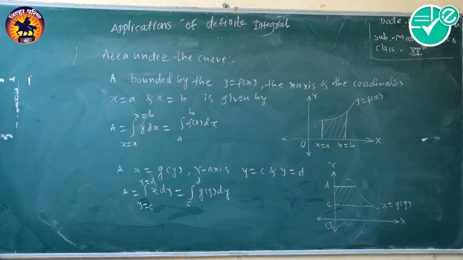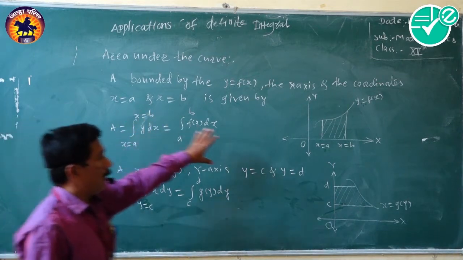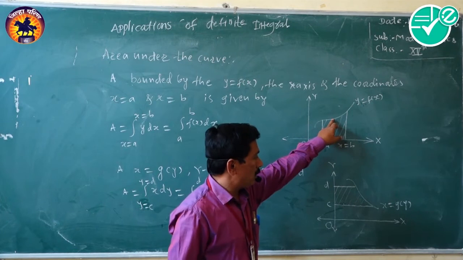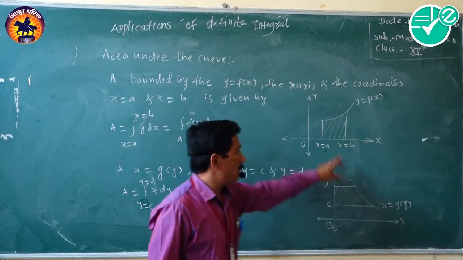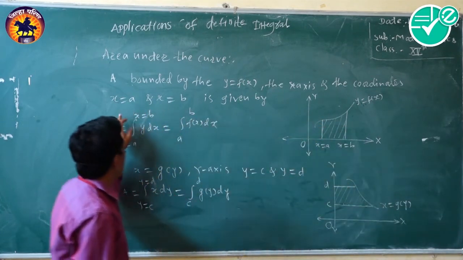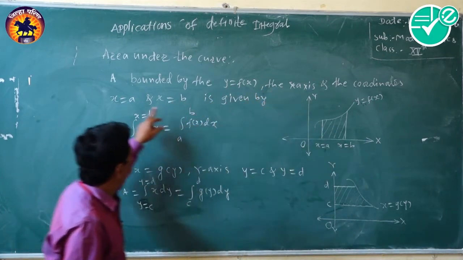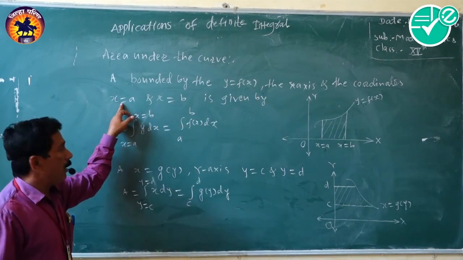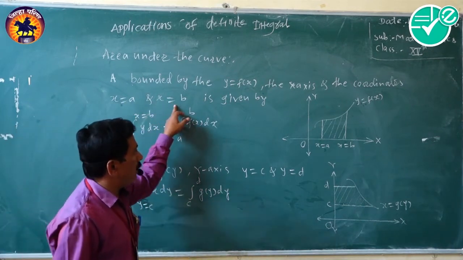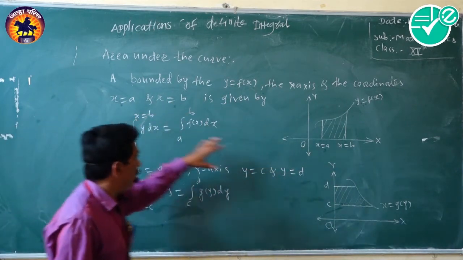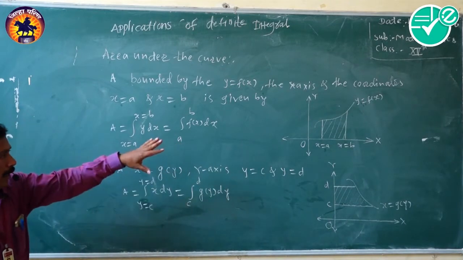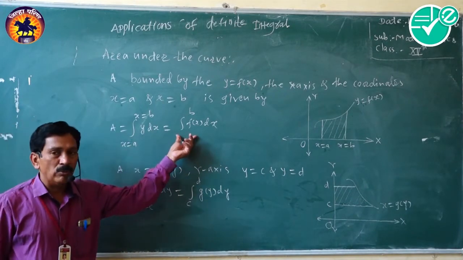In this way we can find the area bounded by this curve and this curve. When the curve is given as y is equal to f of x, with these two coordinates x is equal to a, x is equal to b, and the x-axis, we can find the area of that region by this formula.